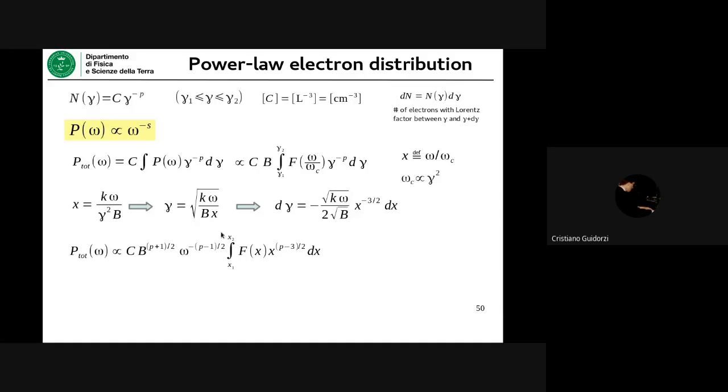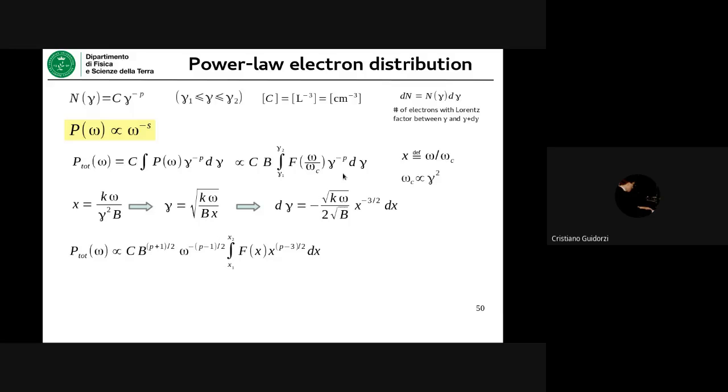So the dependence on omega is this guy here. And then you also have the dependence on b, for example. You have here gamma to minus p, gamma is b to minus 1/2 to minus p, so plus p over 2. And then you also have b to minus 1/2 here, but you have here b to 1, so 1 minus 1/2 plus 1/2. So the total index of b is p plus 1 over 2.